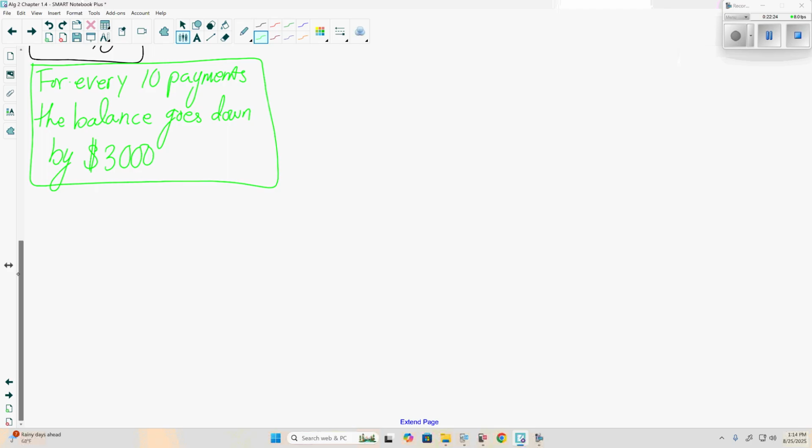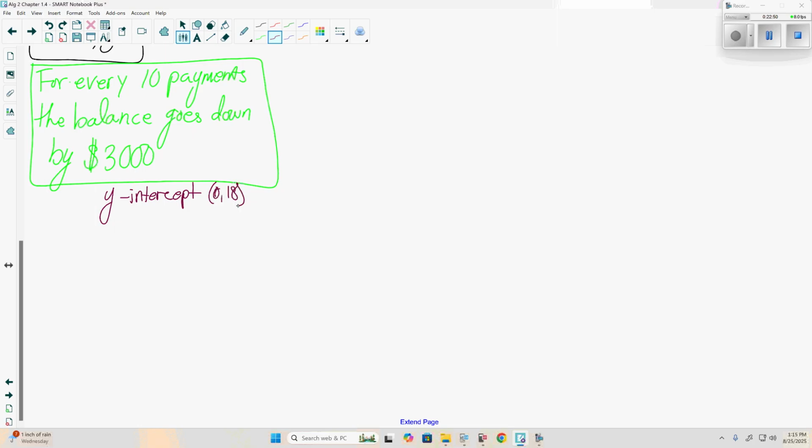Now the other thing we need to interpret is the y-intercept. Now the y-intercept was told to us is 0, 18, yes? So at 0 payments, it's saying we are at 18 or 18,000, yes? So what is this y-intercept telling us? It's telling us what?